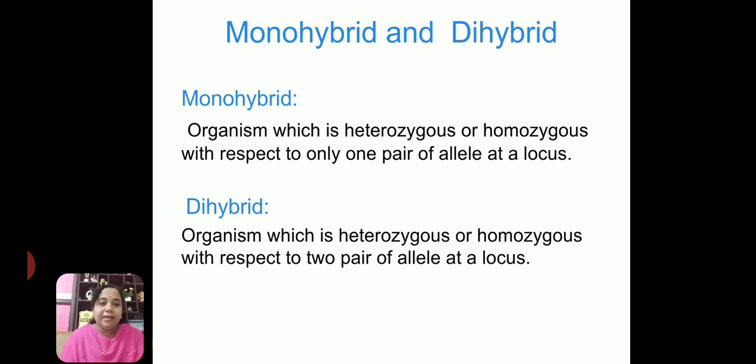But in the dihybrid, we focus on the characters determined by two pairs of alleles. Such organisms are called dihybrid organisms. So these two terms, monohybrid and dihybrid, have to be studied.